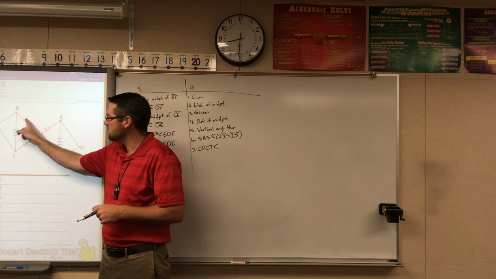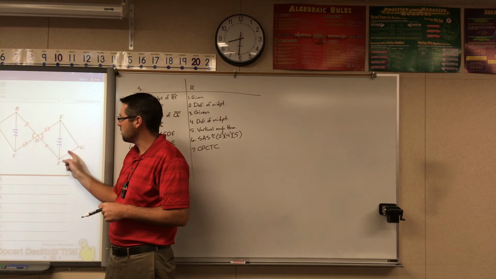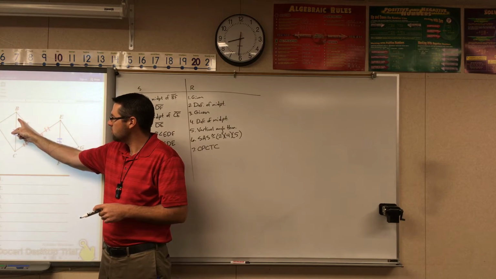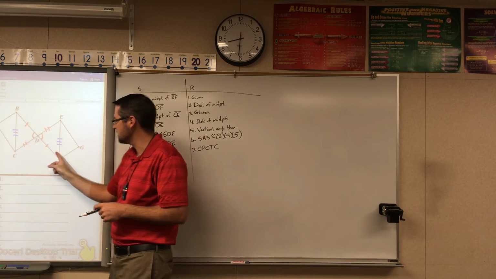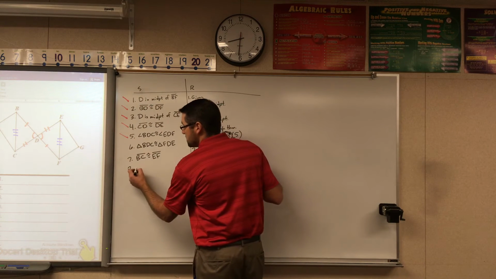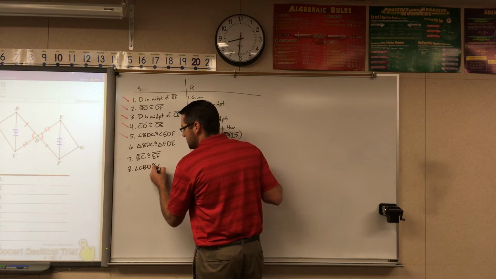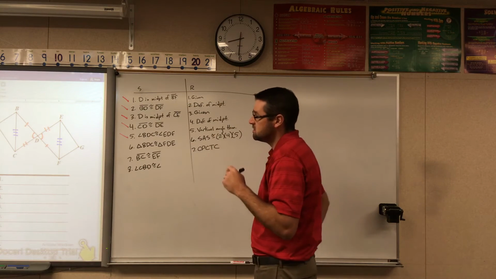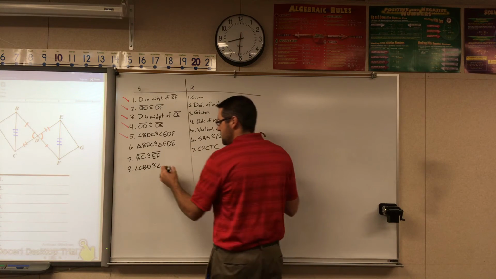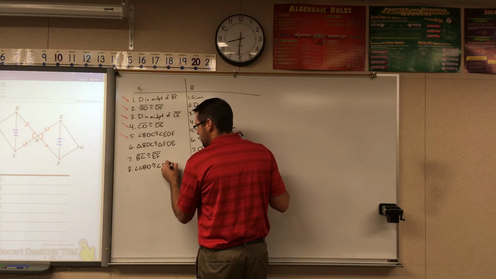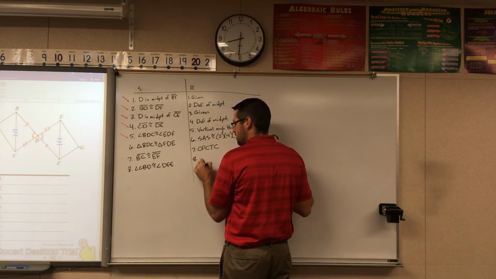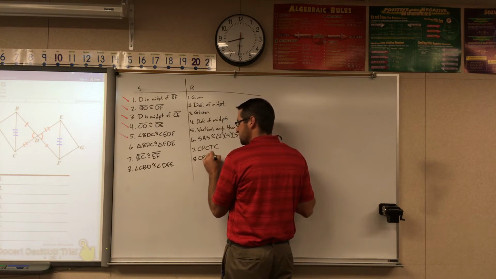So we're going to be talking about this whole angle and this whole angle. So it would be beneficial to mark or to say that this piece is congruent to this piece for later. So we're going to say angle CBD is congruent to what? DFE, okay. DFE because why? CPCTC again. Okay.